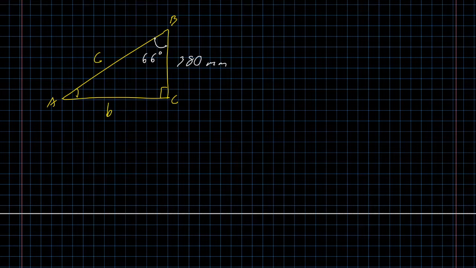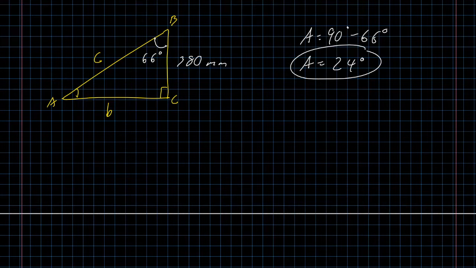Angle A is going to be pretty quick. Right, just 90 degrees minus the angle given to us, 24 degrees. That much is done. Figuring out the other sides is a little bit trickier. All right, let's go for side B next.